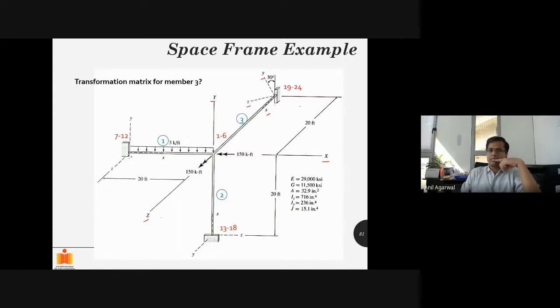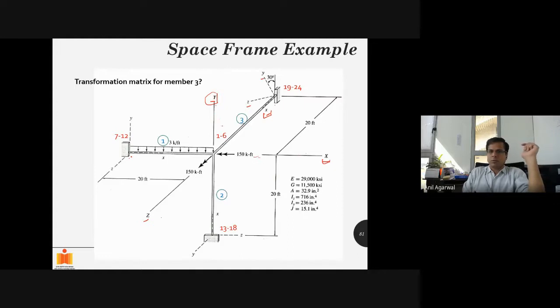We rotate the global coordinate system only about the y axis until x becomes horizontal. Now the issue here is that x is already horizontal. In that y rotation, it will not come below x, it will be aligned with x directly. But anyway, we will follow that.